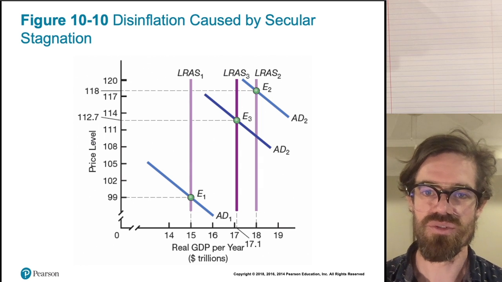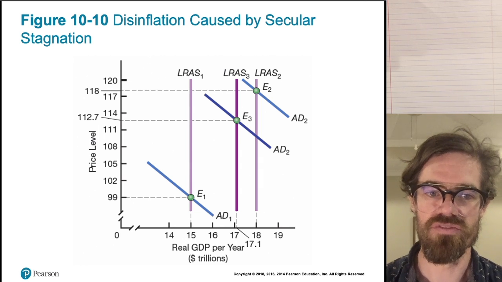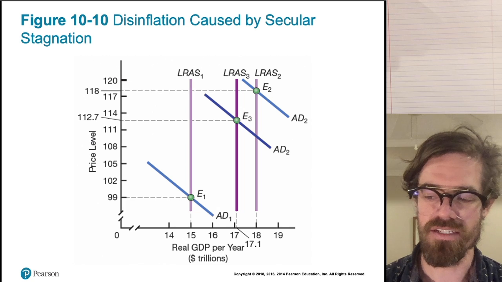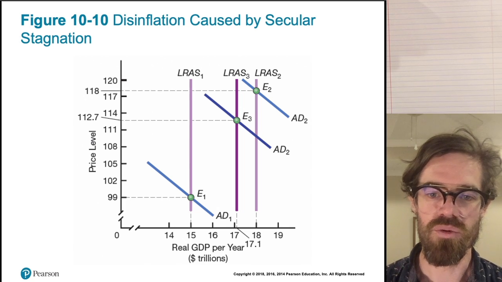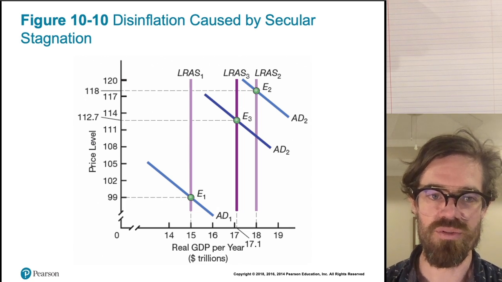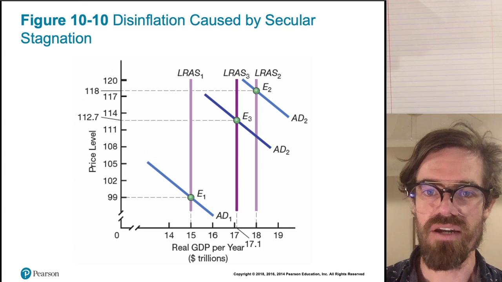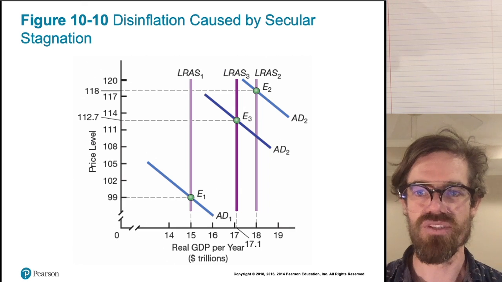We've seen sort of stagnant economic growth, sort of slower than usual economic growth, and at the same time, relatively low inflation compared to the rest of the United States economic history, where we've typically seen between 2 and 3% inflation. We see less than 1% inflation in the last decade or so. So we can use our model to basically show us that, right? So that's what we see here.